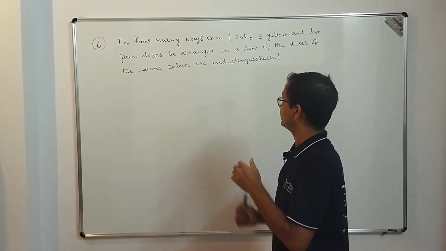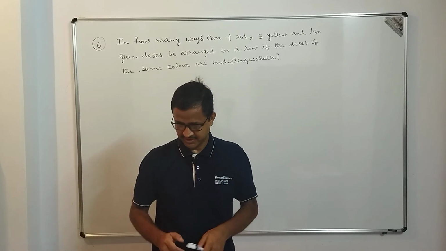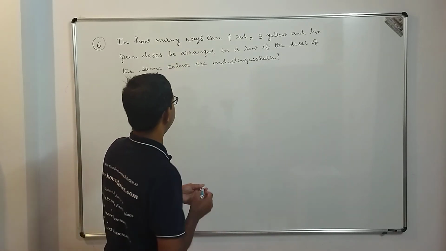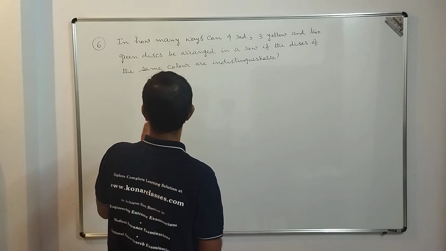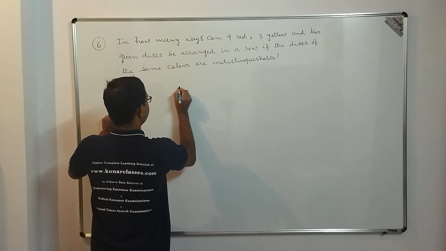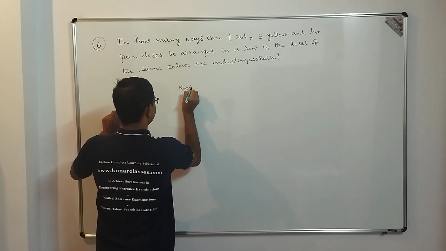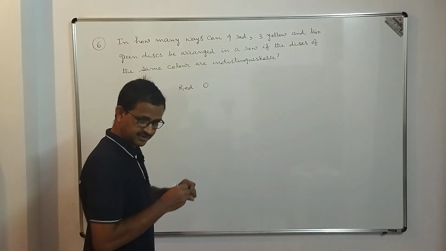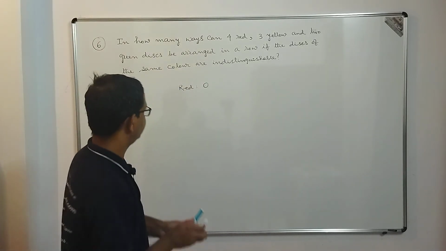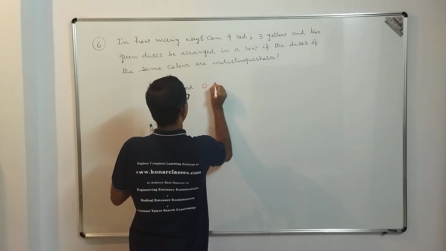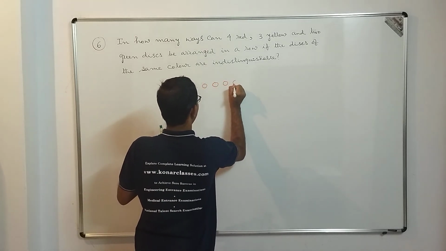In how many ways can 4 red, 3 yellow and 2 green discs be arranged? So there are 4 red discs, so if I represent this in the red color, it will be something like this: 1, 2, 3, 4.